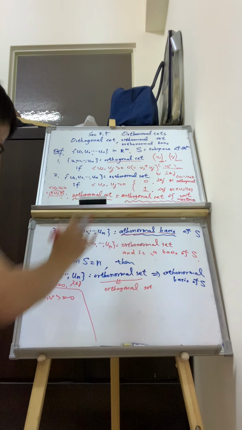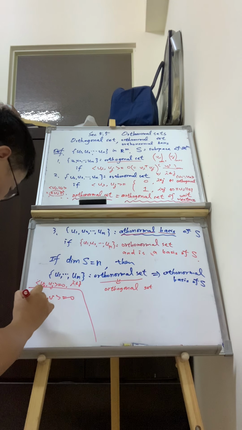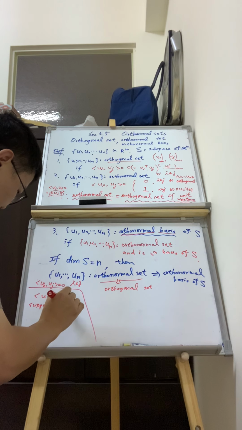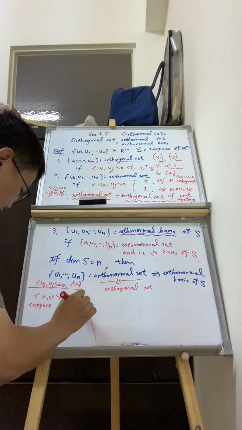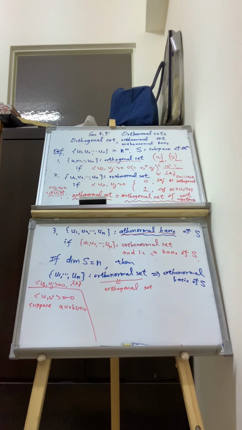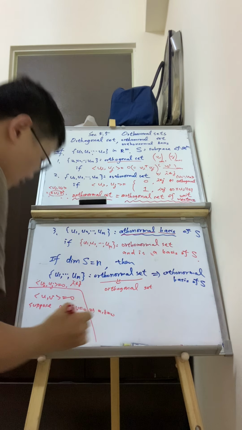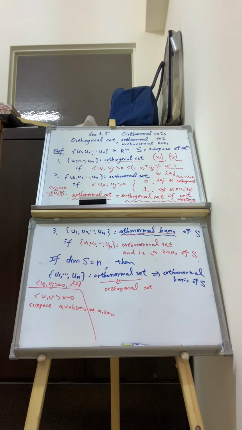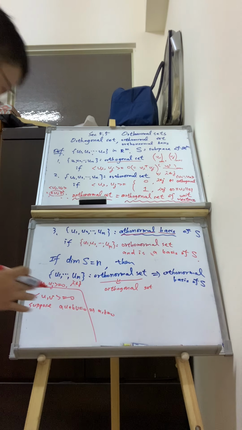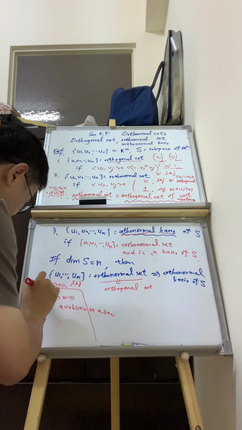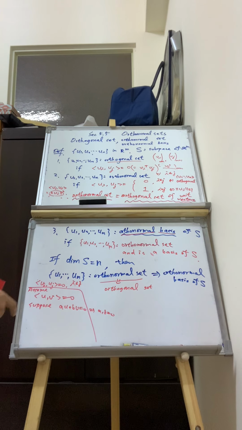Okay, so you could do it this way. We want to show that they are linearly independent, so we suppose aU plus bV equals 0. If we could show that the coefficients a and b must be 0, then it means that U and V are linearly independent. Here we assume U and V are orthogonal, meaning their inner product equals 0.